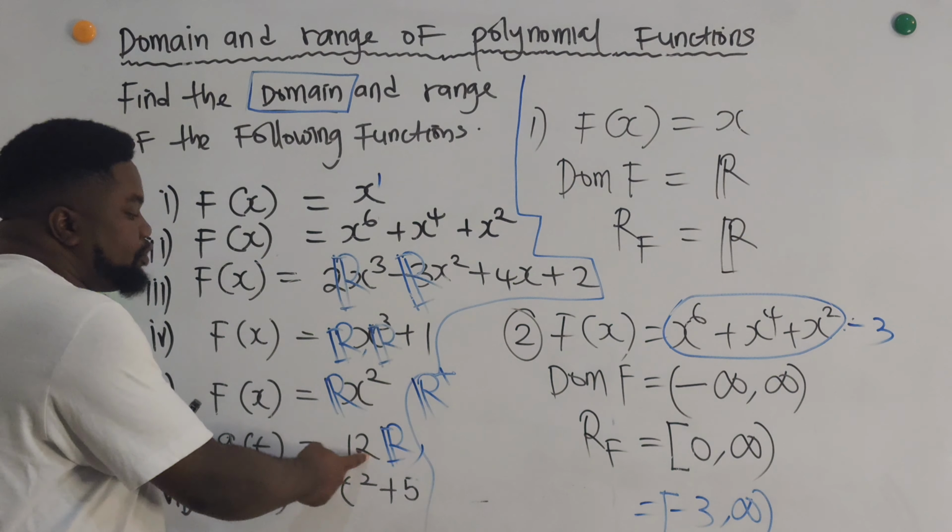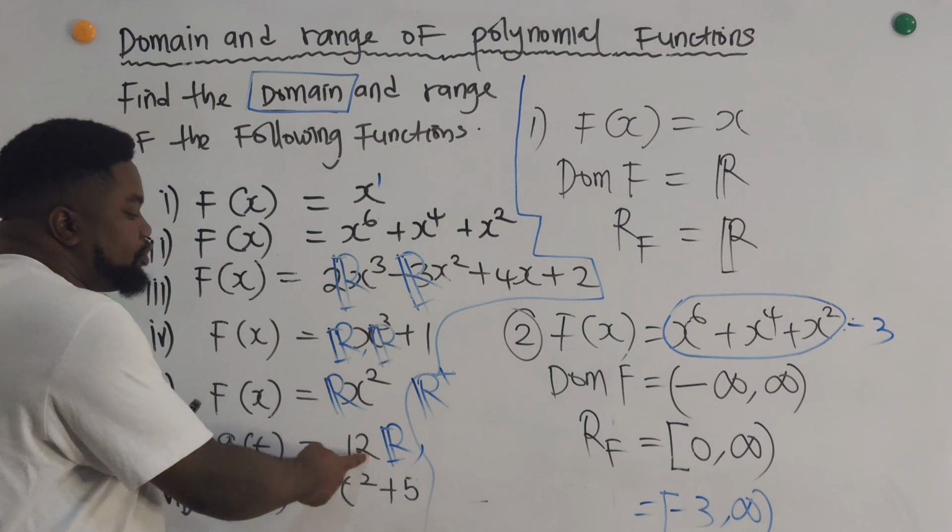Yes, because we define range as the possible output. So in this function, the only possible output is 12 and will always be 12. So my range here is 12. So domain, range, domain, range.